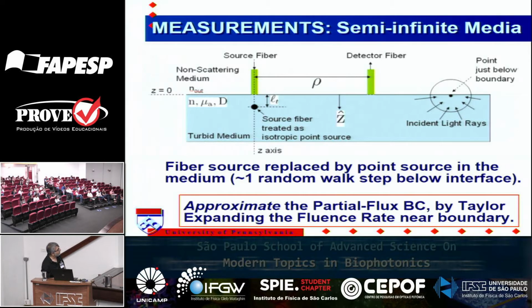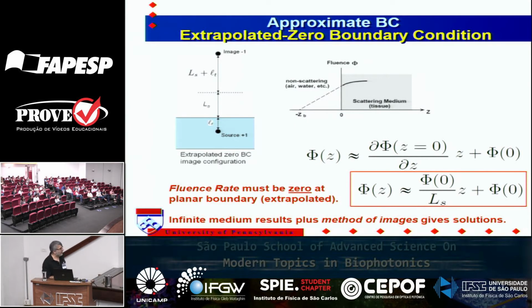And then this radiates in all directions. And then if I Taylor expand this fluence rate near the surface, you can make a prediction that the fluence rate will be 0 in this plane here. Not on the actual surface, but at a surface behind it. And this plane is related to this extrapolation length that I showed you earlier.